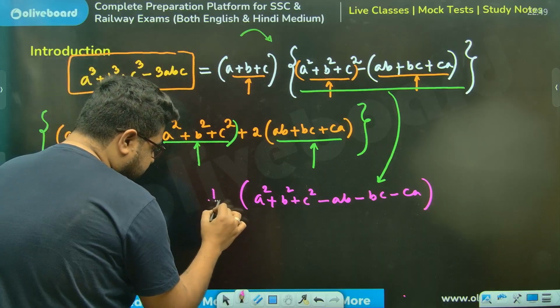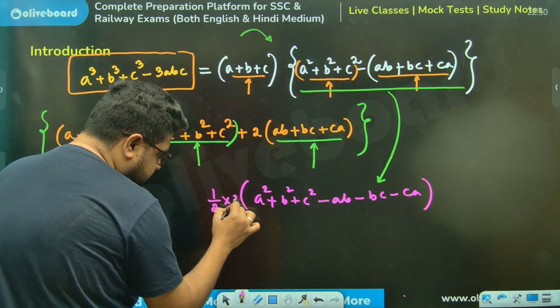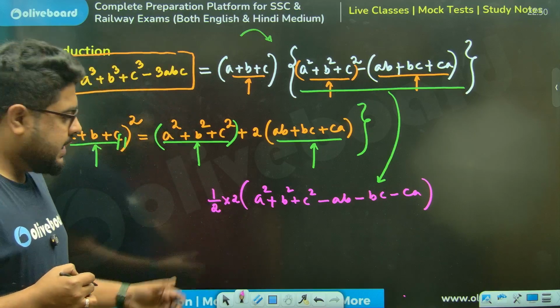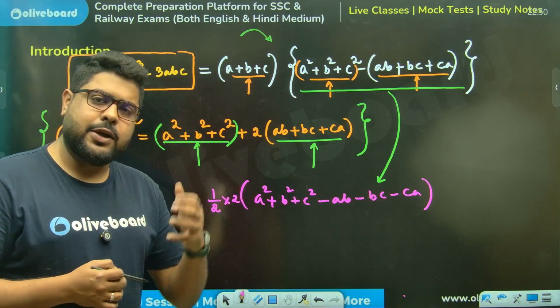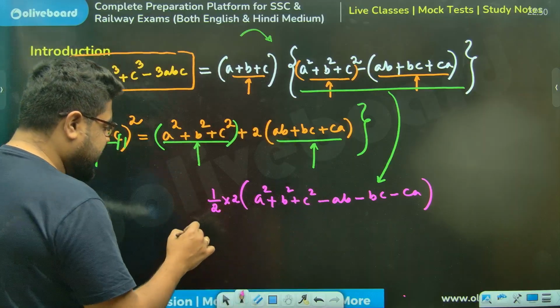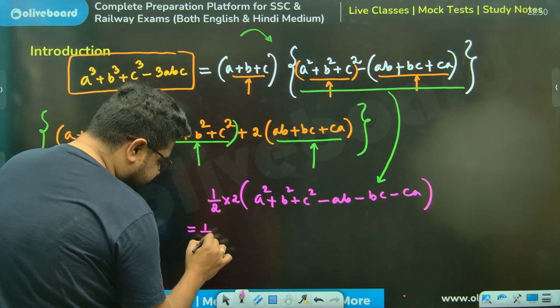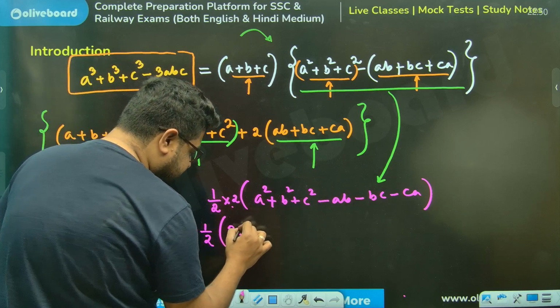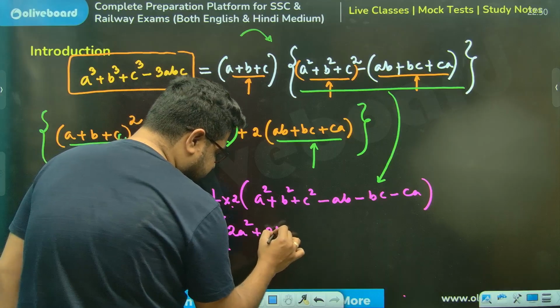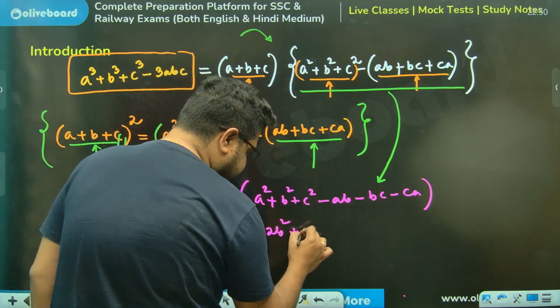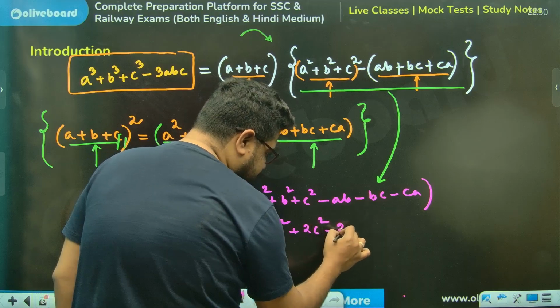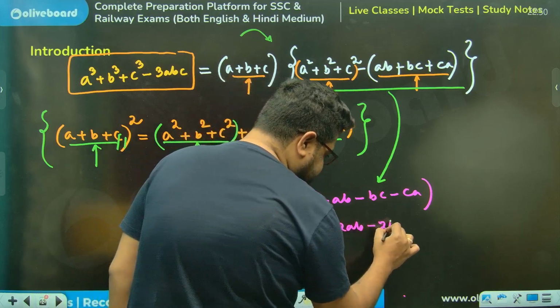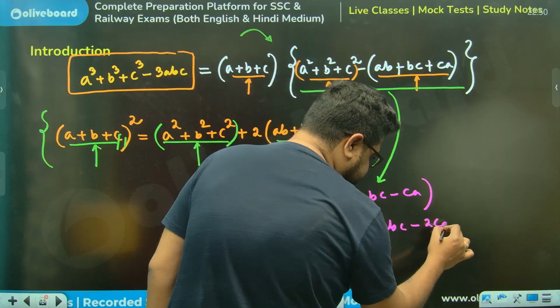We can simply do this half into 2, meaning I have not done anything, divided by 2 and multiplied by 2, meaning it's the same. So I'm writing it like this, half. This 2 you multiply inside: 2a square plus 2b square plus 2c square minus twice ab minus twice bc minus twice ca.